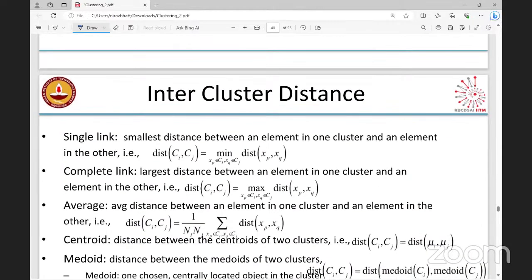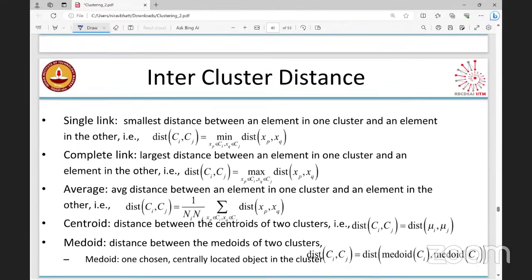Now, as I told you, we use some metric to define the cluster. And there are several ways of defining this intercluster distance. First one is single link. There is complete link, average, centroid, and medoid.